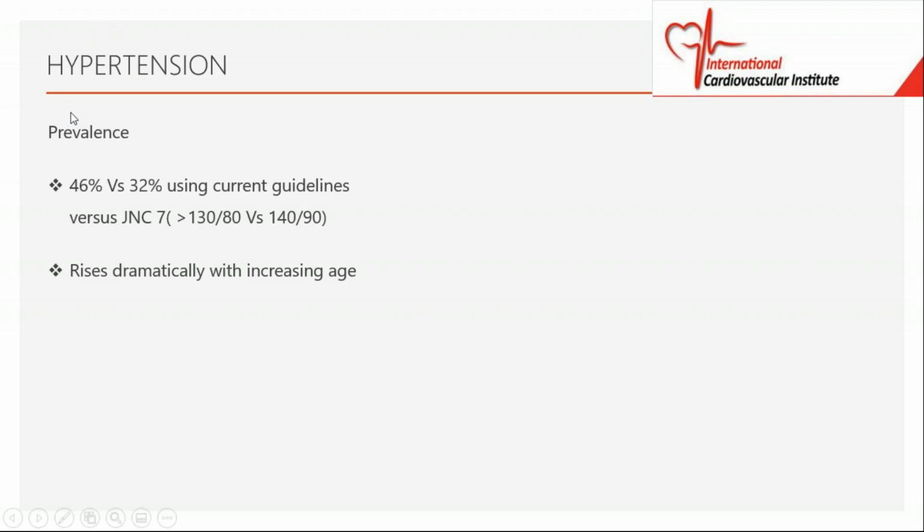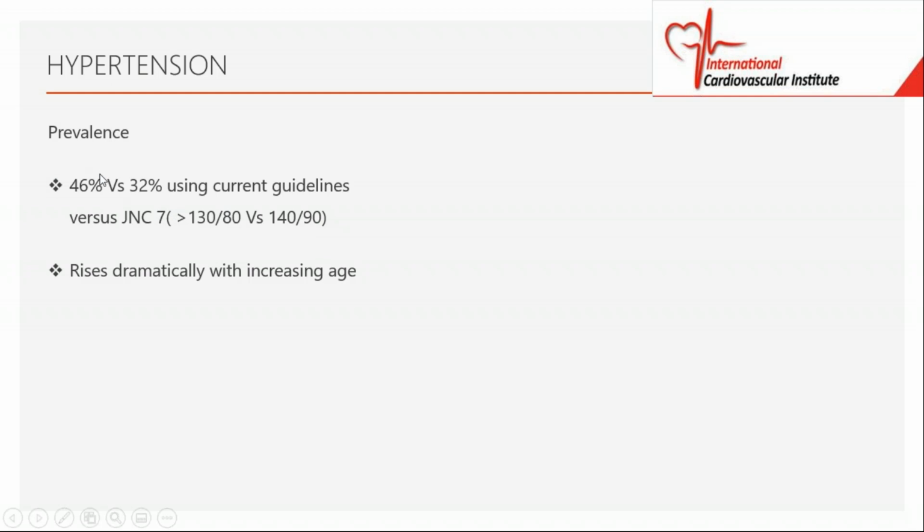But with the current guidelines, the JNC 7, hypertension was blood pressure greater than 140/90.